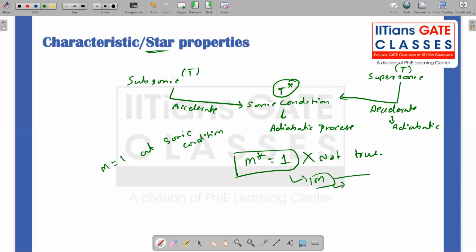If from this M, I go to a sonic condition, then this Mach number is defined for some temperature T, and this is going to T star. So this Mach number can be different. That is why we have to understand that characteristic Mach number is not the same as the throat Mach number condition. It is not exactly the M is equal to 1 condition.